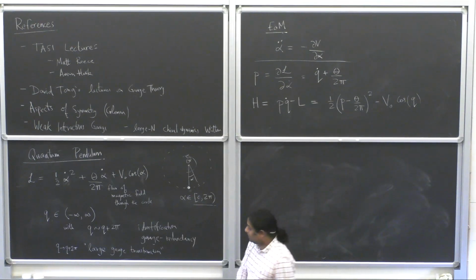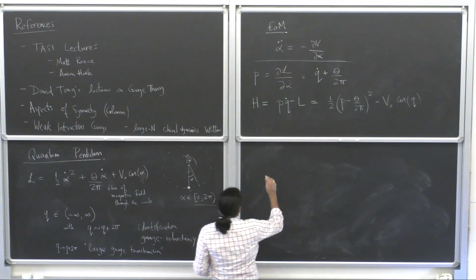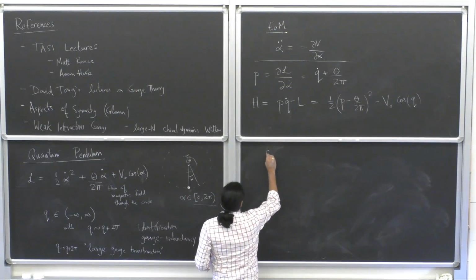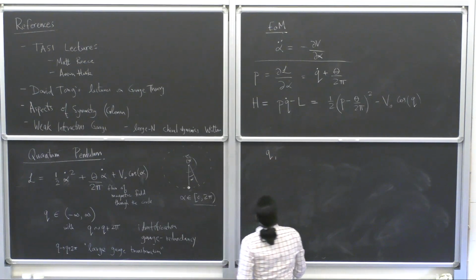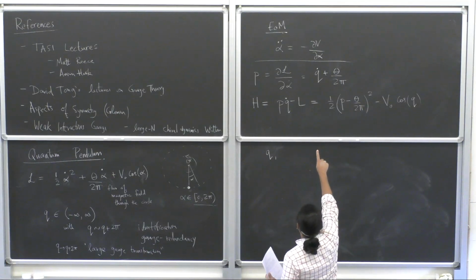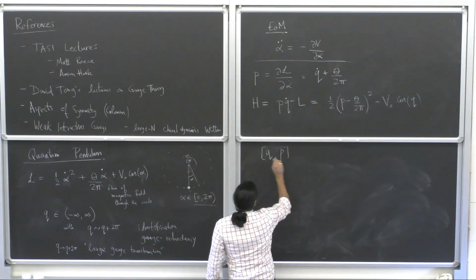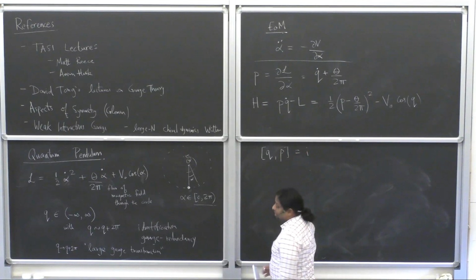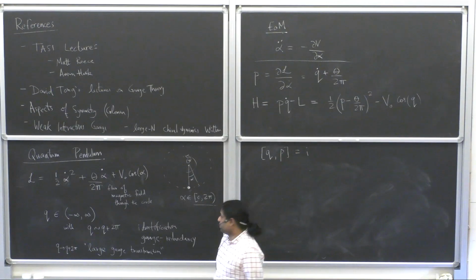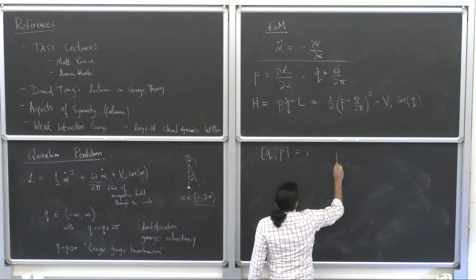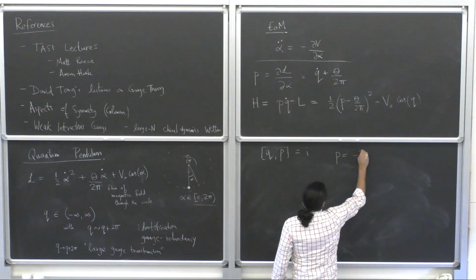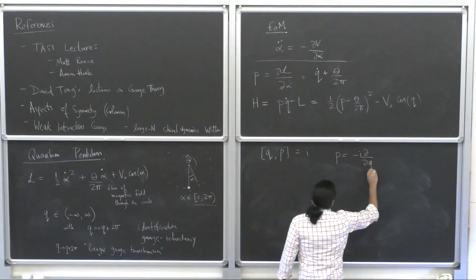So we can solve the time-independent Schrodinger equation. Notice, by the way, that the momentum has a funky definition. It's not q dot but q dot plus theta, but really this is the momentum which has canonical quantization with the position operator. So in position space, the momentum operator is still given by this.